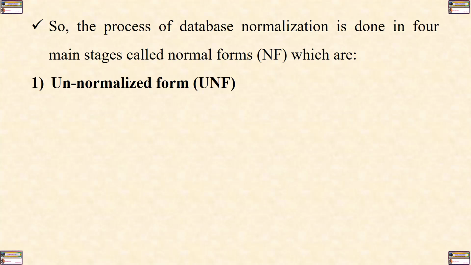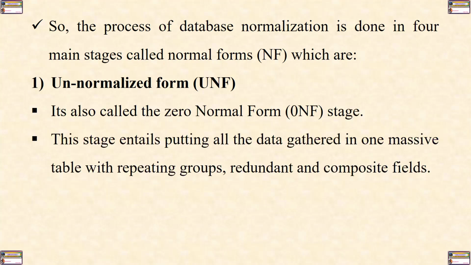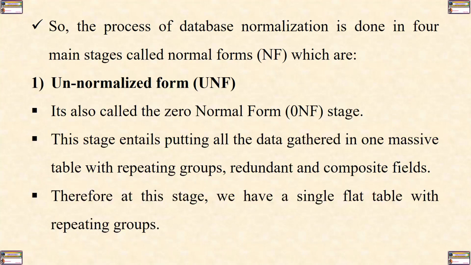Number 1, we begin with what we call unnormalized form, UNF. It is also called the zero normal form or 0NF stage. This stage simply entails putting all the data that you have gathered in one massive table with repeating groups, redundant and composite fields. In other words, in the first stage, we simply begin with having all our raw data together.